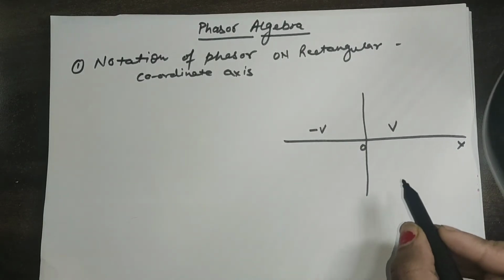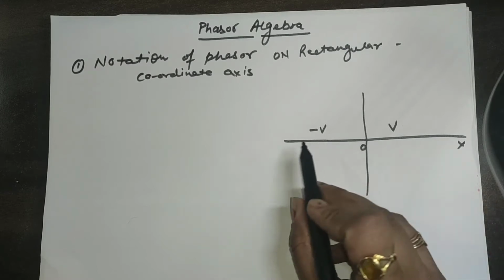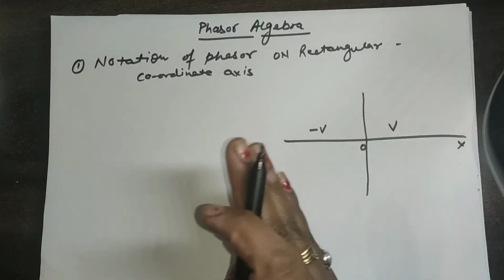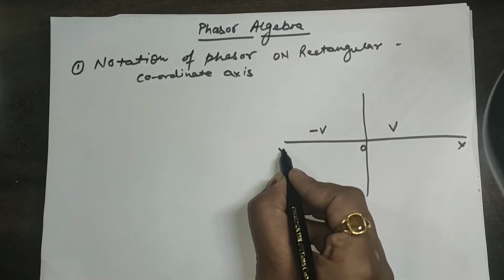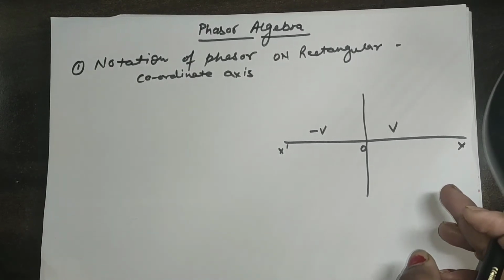Are you getting this point? Now it is rotated through 180 degrees. Reverse means 180 degrees. Let's suppose this is X dash, in the clockwise direction.